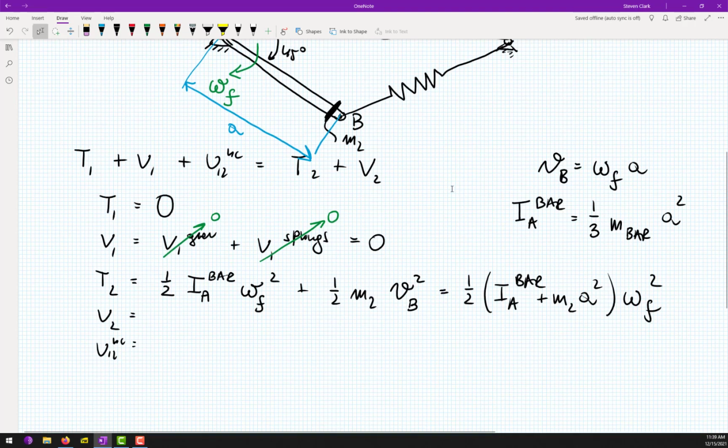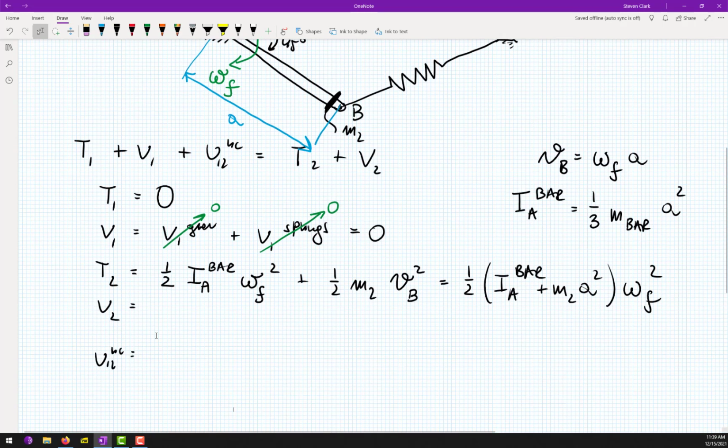Okay. How about V2? V2 is complicated to find, I think. So again, we'll have V2 due to gravity and V2 due to springs. Okay.